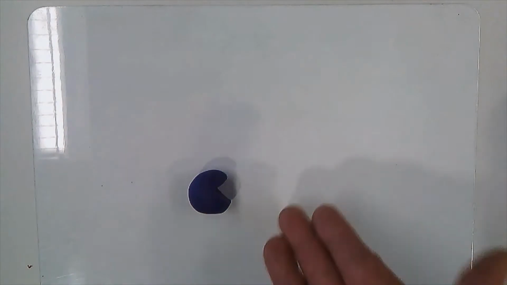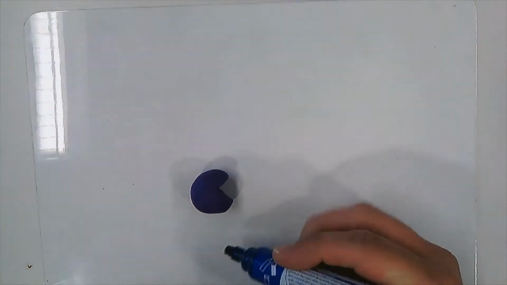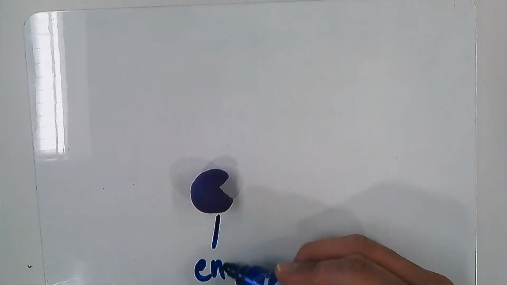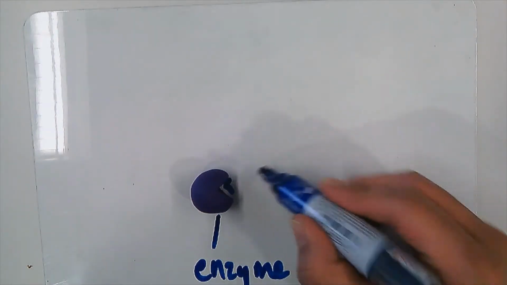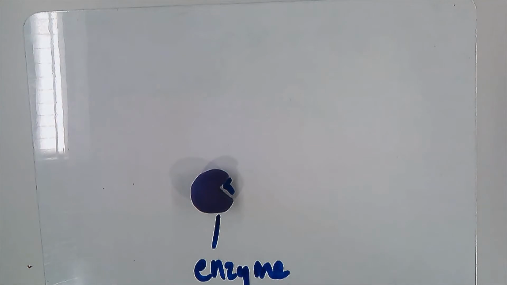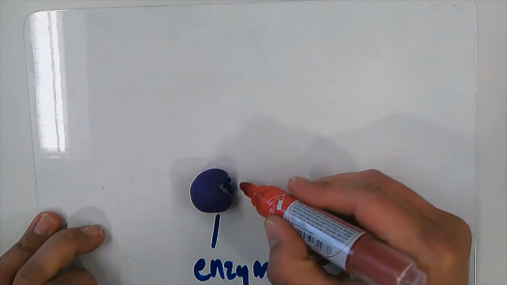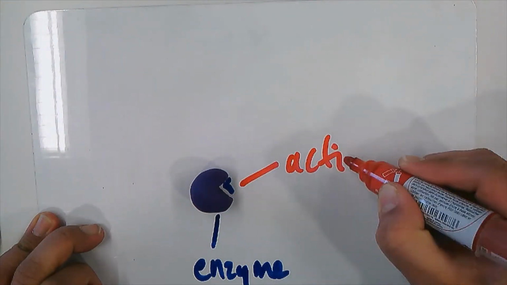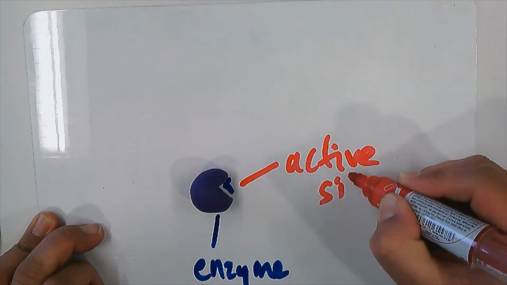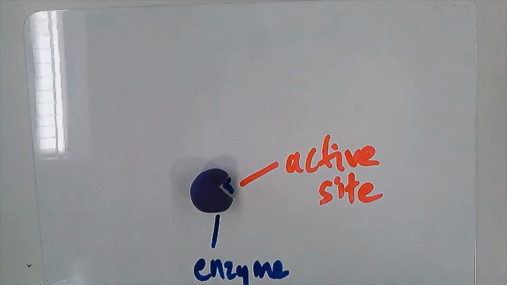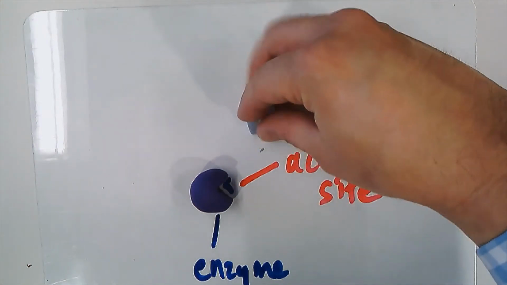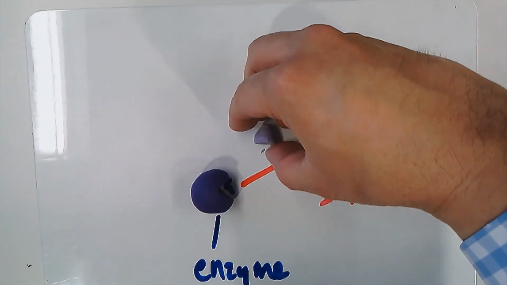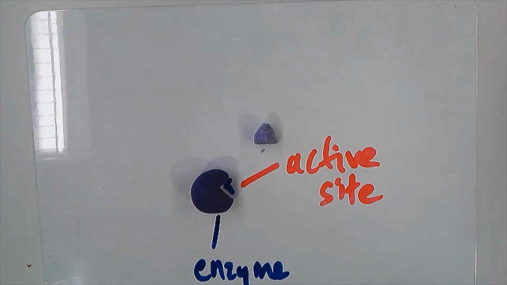If we examine one enzyme in particular, so this will be our enzyme, the groove that's held there is called the active site. The thing that fits into that groove, this thing which I showed you just now, is called the substrate.